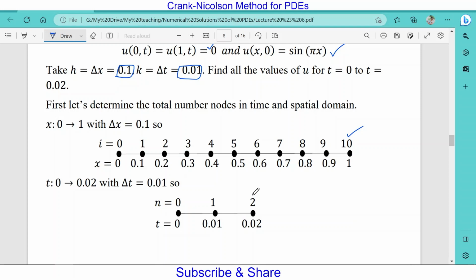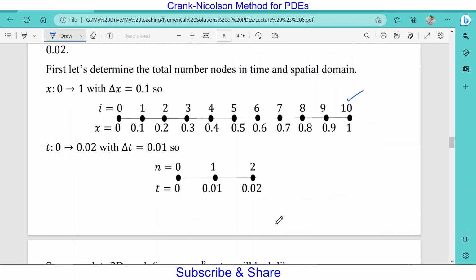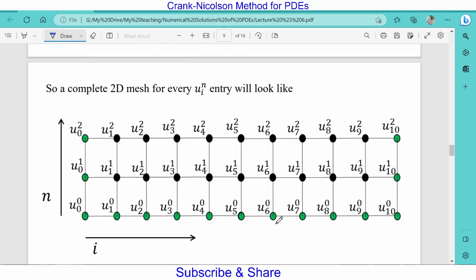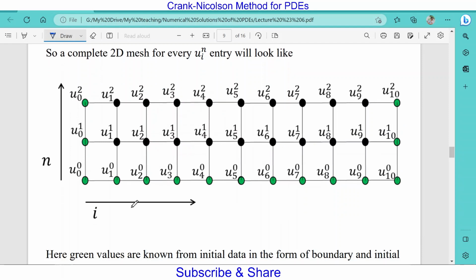We will go till n equal to 2 because the time step size is 0.01 and we have to find values till 0.02. Again, there is no restriction, we can go till any time. So this is going to be the mesh that we want to compute.